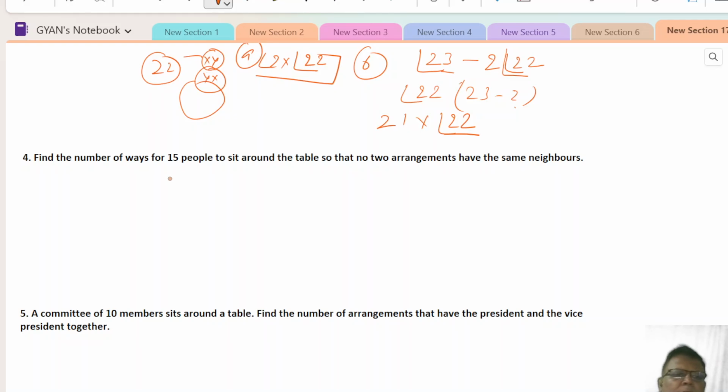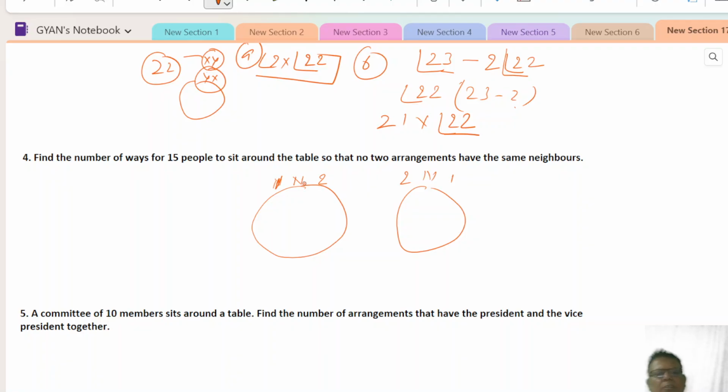Now the fourth question: find the number of ways 15 people can sit together around the table so that no two arrangements have the same number. That means, suppose persons 1 and 2 are there, this should not be counted again.